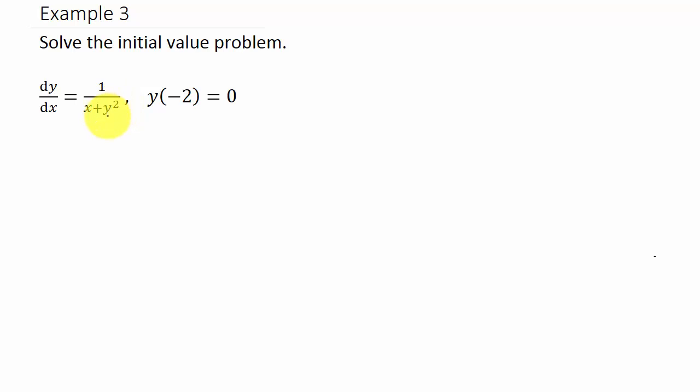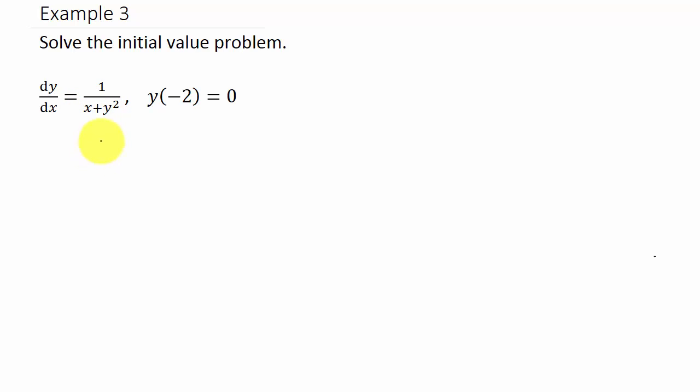So what do we do? Well, we look at it and we notice it's not separable, so we can't use separation of variables. It's not homogeneous, and it's not exact.